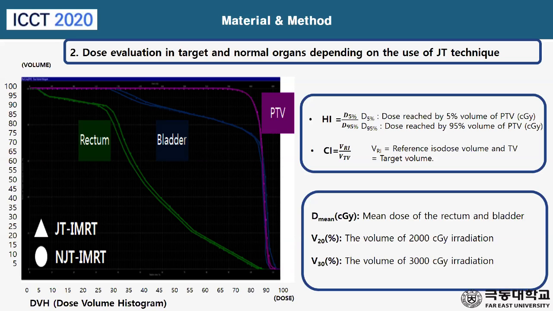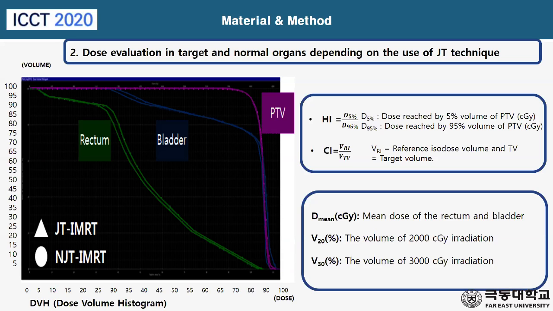The rectum and bladder were selected as the normal organ for dose evaluation. Dose mean, which represent the mean dose to the rectum and bladder, as well as the volume 20% and the volume 30% were used as evaluation indicator.